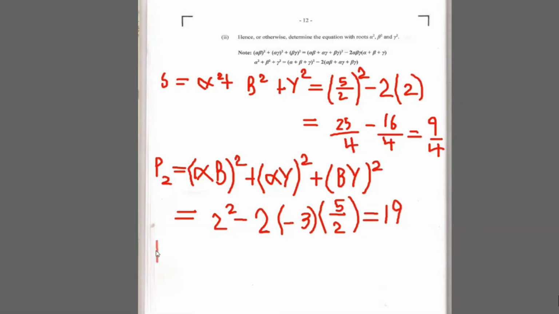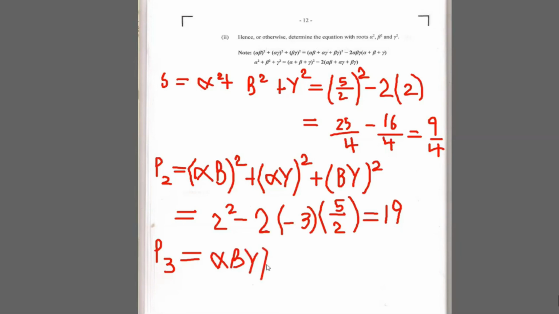Is this really 19? I'm just going to check it again just to be safe. Yep, it's 19. Then the product by 3 is alpha squared times beta squared times gamma squared, which is alpha beta gamma all squared.